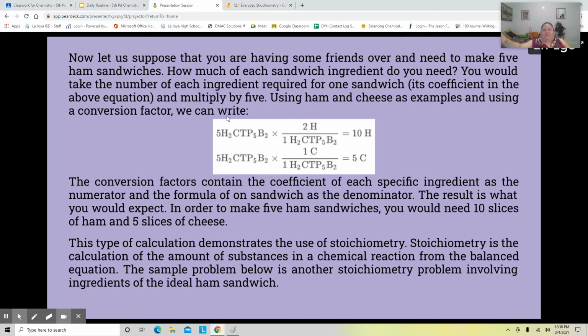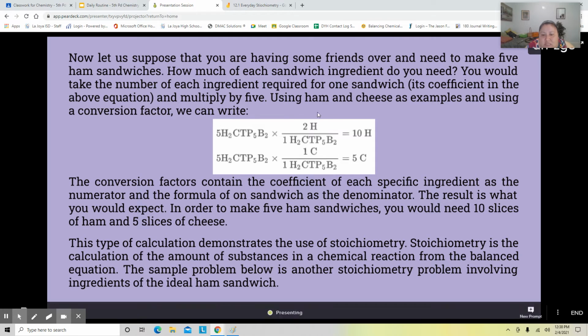Remember, all of that information, everything you see on the right over here, the 2H, the formula, the 1C, the formula, all of that comes from the equation, okay? This information didn't get pulled out of thin air. It came from the equation that they wrote for all of the ingredients earlier.